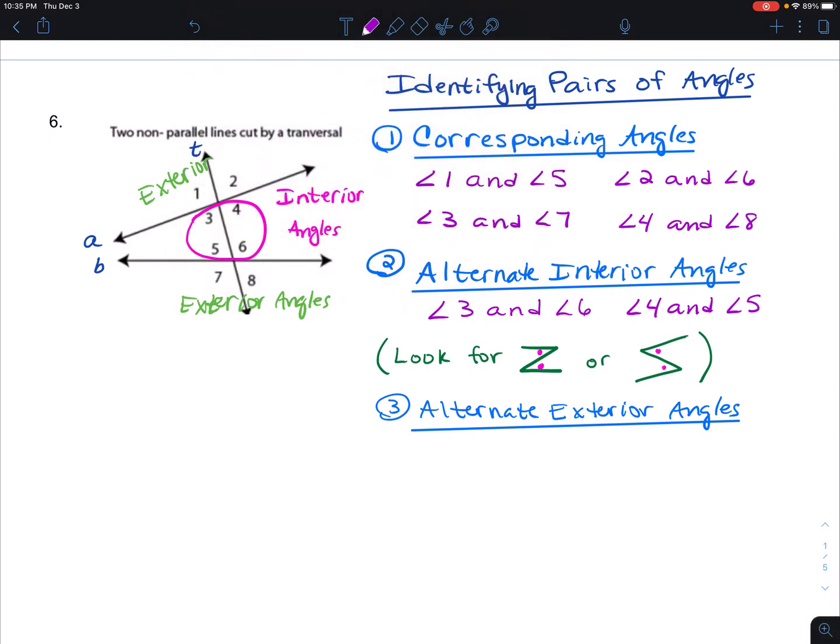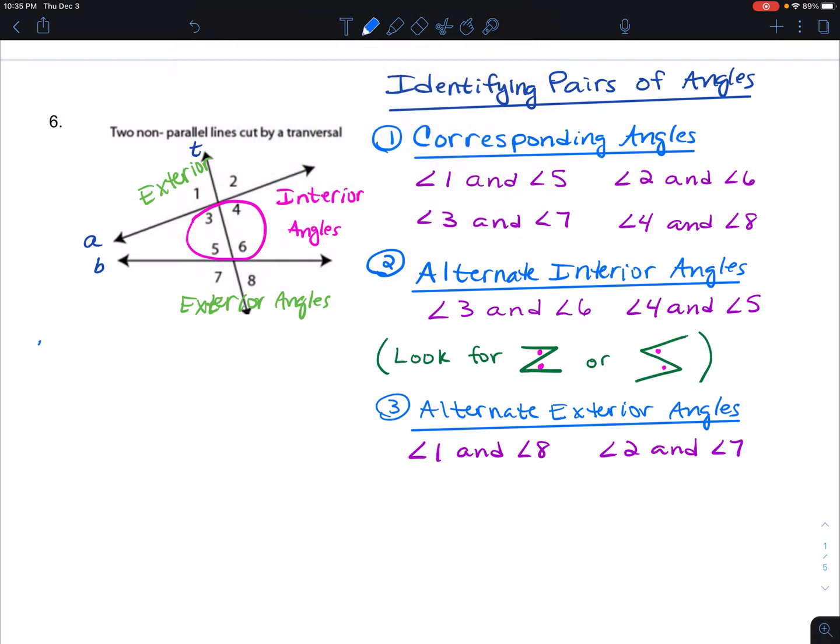So if we look at angle 1, that would match with angle 8, as well as angle 2 and angle 7. So those are my 2 pairs of alternate exterior angles.